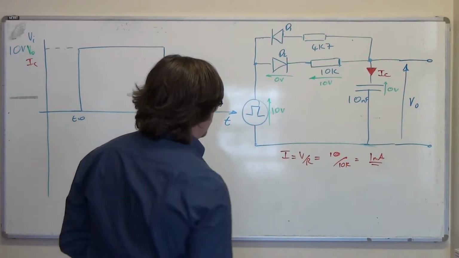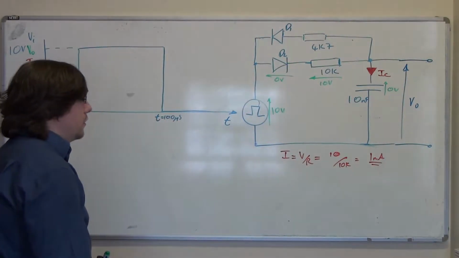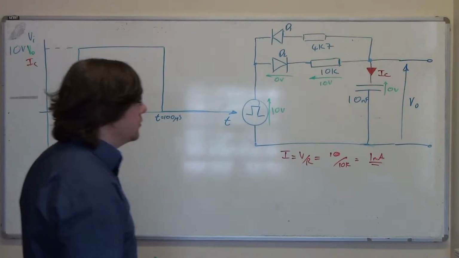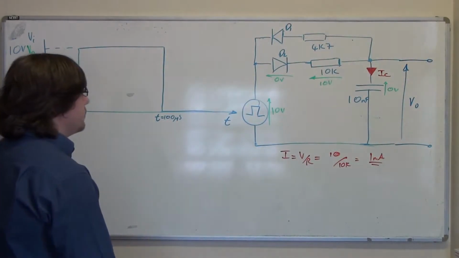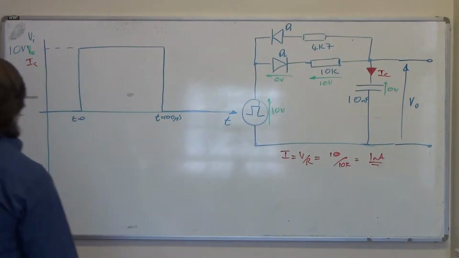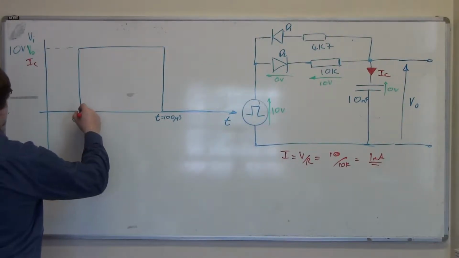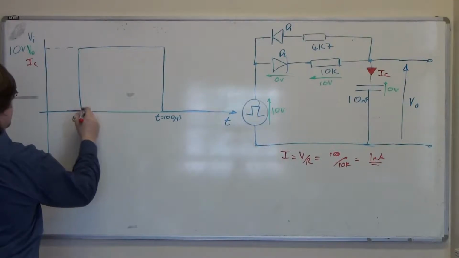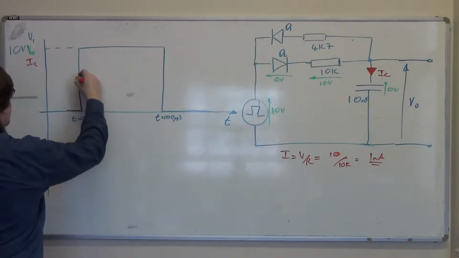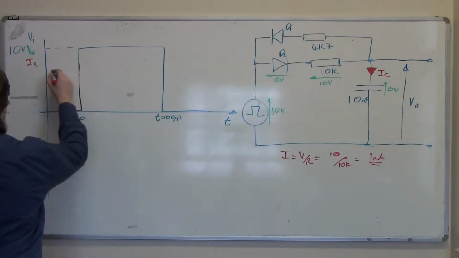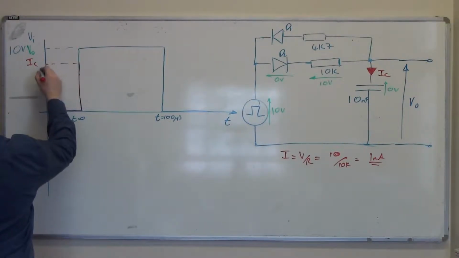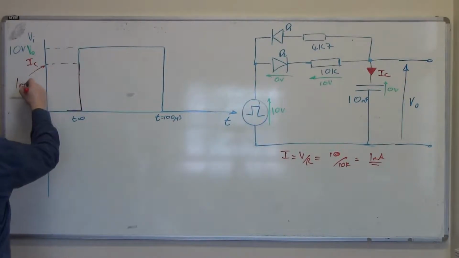That's 1 times 10 to the 1 divided by 1 times 10 to the 4 leaves you 1 times 10 to the minus 3. So we know already that there will be some current, there's nothing, and then the edge comes through and it goes up, and there's a current. I'll do it up a bit, and this is going to be 1 milliamp.